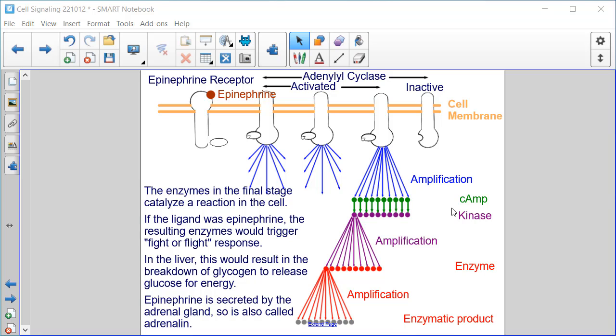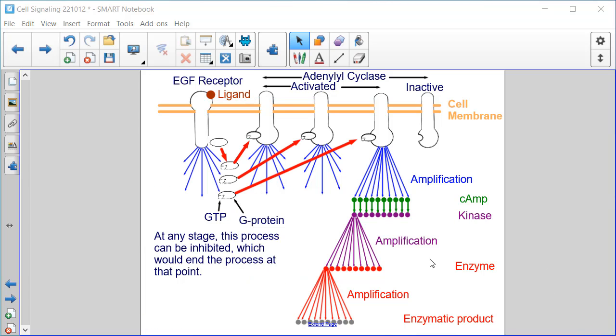Epinephrine is secreted by the adrenal gland, so is called adrenaline. At any stage in this process, from here on through this cascade, this process can be inhibited, which would end the process at that point.